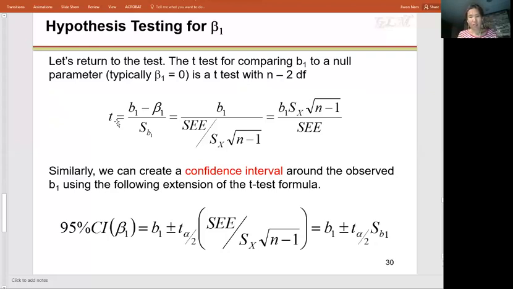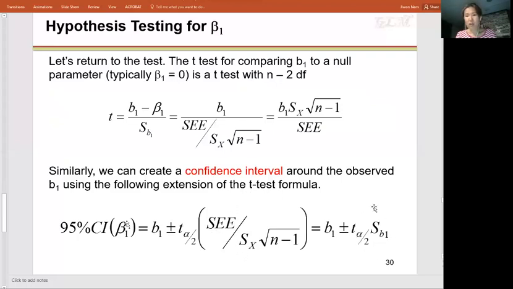The last method for hypothesis testing is the confidence interval method. In this formula, the 95% confidence interval for the beta 1 slope parameter is b1, the sample slope, plus or minus the t statistic, where alpha over 2 means a two-sided, two-tailed test, times the standard error part.